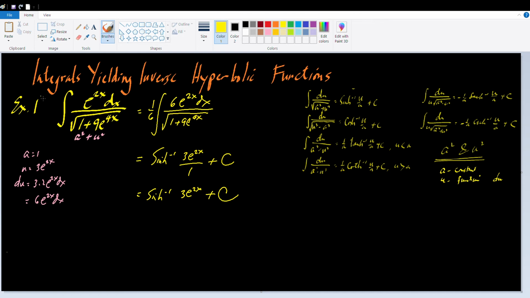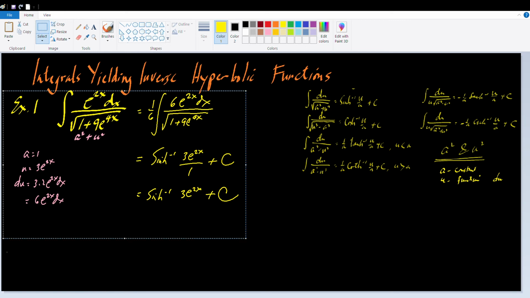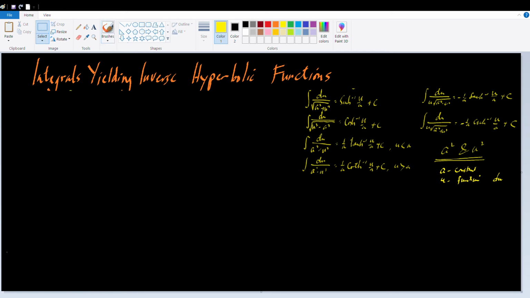So let us have another one. The integral of dy all over the square root of 4y squared minus 5.